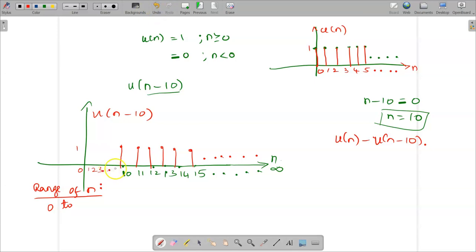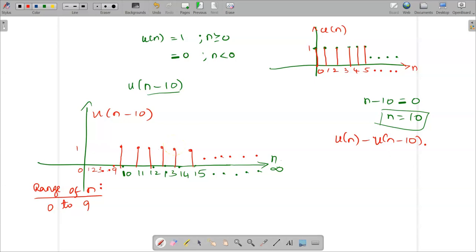Up to 9 all the values are going to be 0. So one range is here, I cannot take it up to 10, I can take only up to 9, because the difference exists up to 9 only. Here for 0 to 9, the value of u of n minus 10 is going to be 0. For 10 to infinity only, the value is going to be 1.